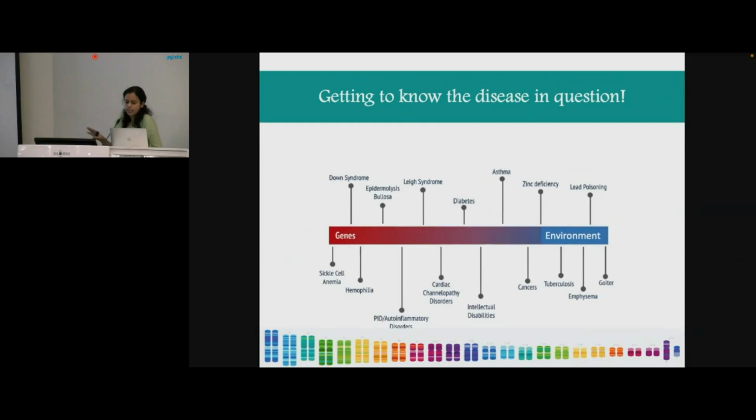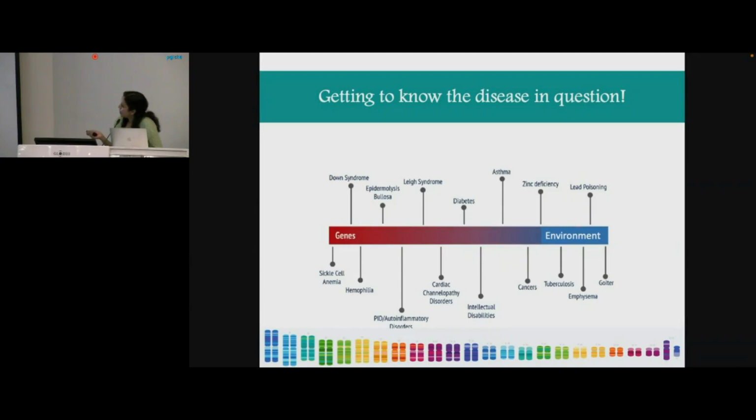This slide shows examples of genetic as well as environmental diseases. At the extreme ends of the spectrum, one can see the classical example of each case. Here you can see genetic cases like Down syndrome, sickle cell disease, hemophilia. These are all on this side of the spectrum. And in the environmental part, things like zinc deficiency, goiter, tuberculosis have been mapped.